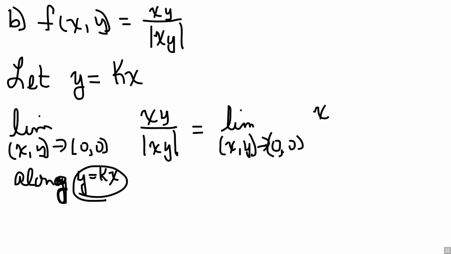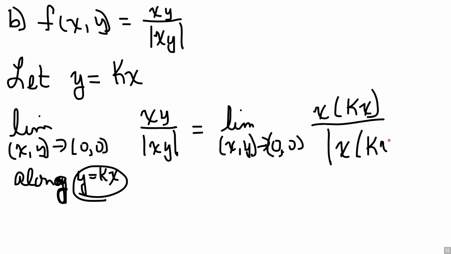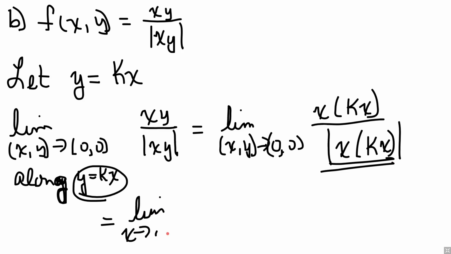I'm going to have x times kx over the absolute value of x times kx. Now, since I've got everything down to one variable, this is the same thing as the limit as x approaches 0 of kx squared over the absolute value of kx squared.